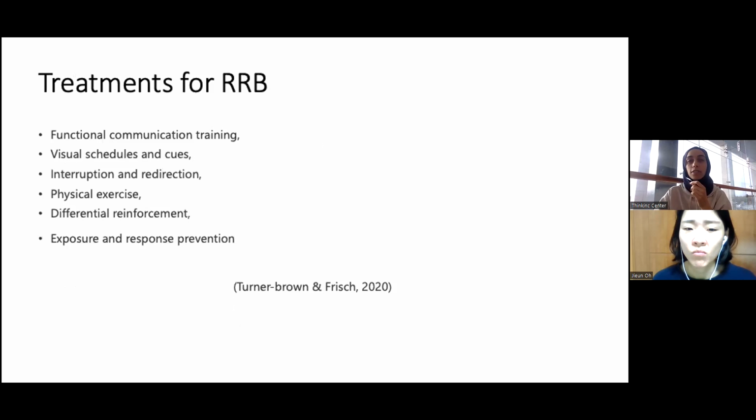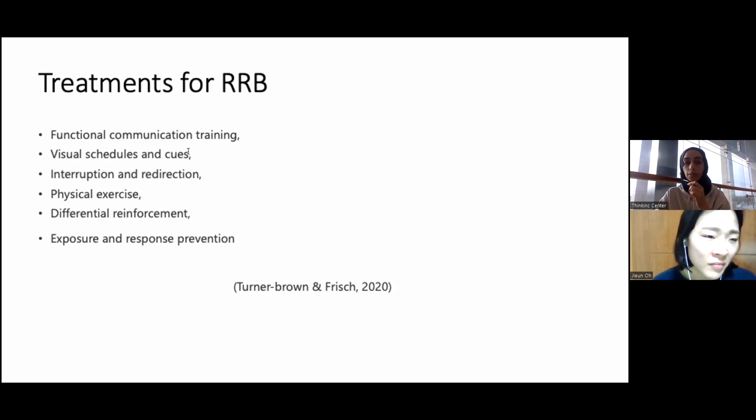As part of my journey of research for this presentation, I thought, let's look at what treatments are out there for restricted and repetitive behaviors. These are the more commonly known things that we've probably tried with other clients.